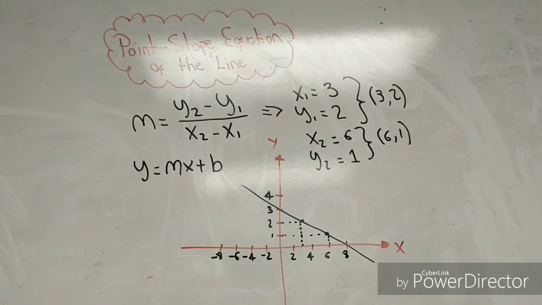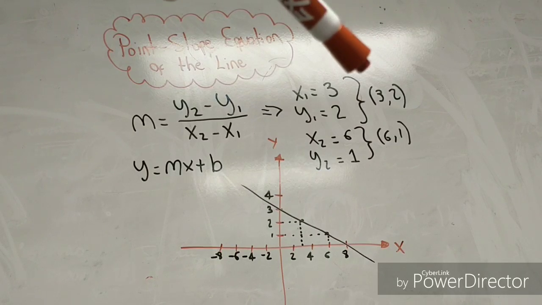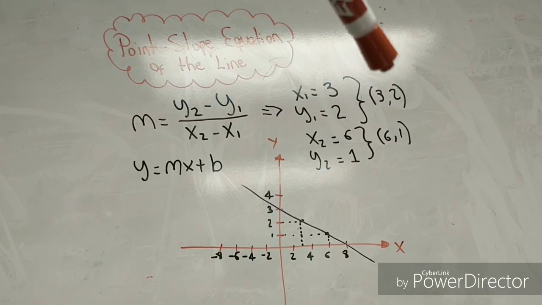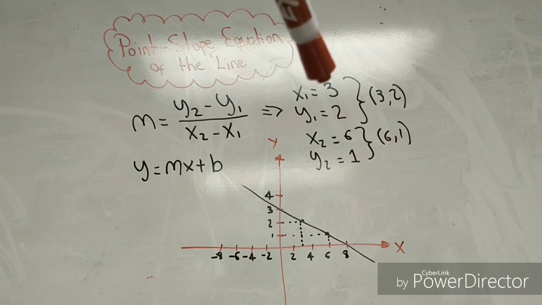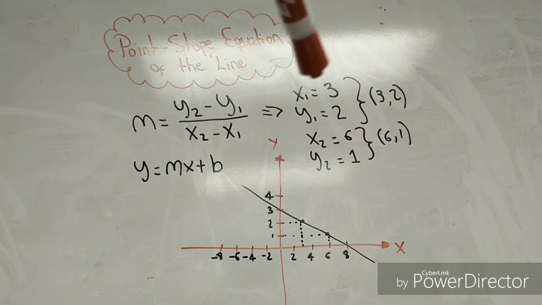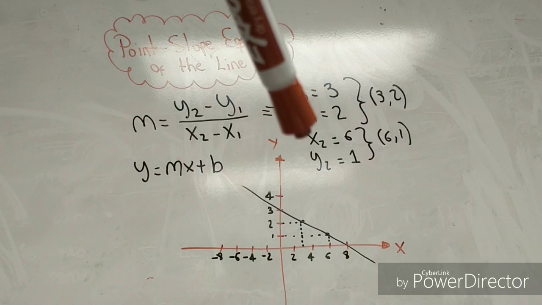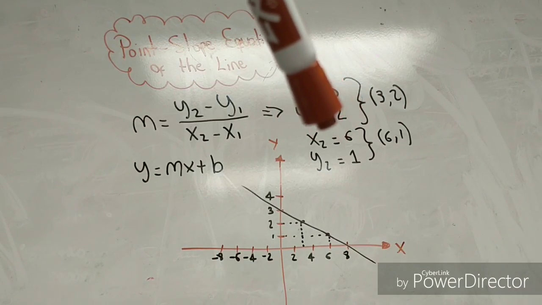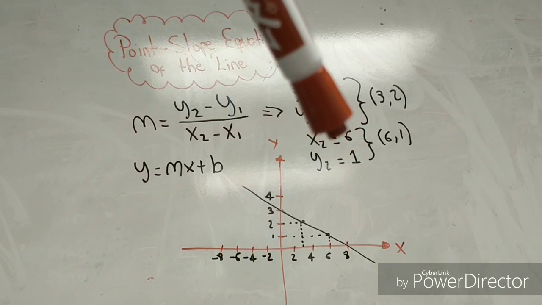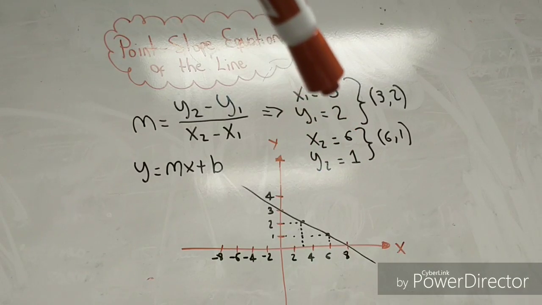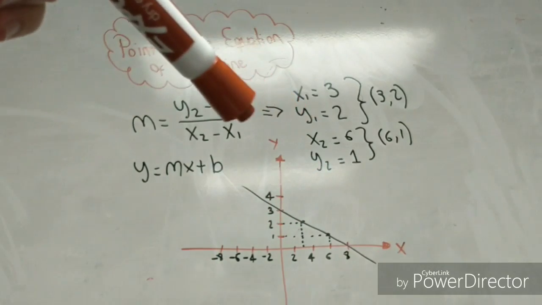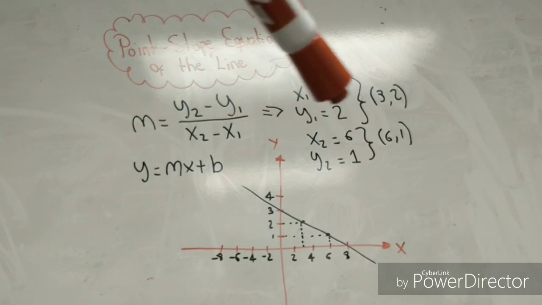So for today's example, we're gonna use 2 points. The first point would be 3, 2, so x would be 3 and y would be 2. Our second point would be 6, 1, so x would be 6 and y would be 1. If we draw these points, would be here and would be here, right?